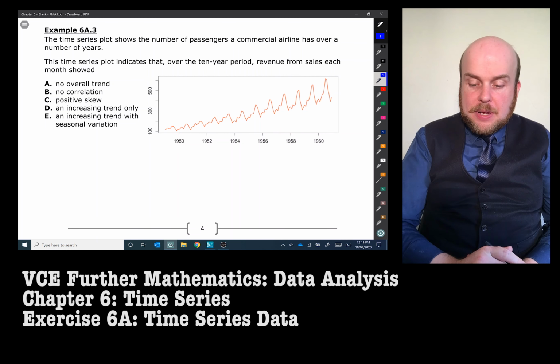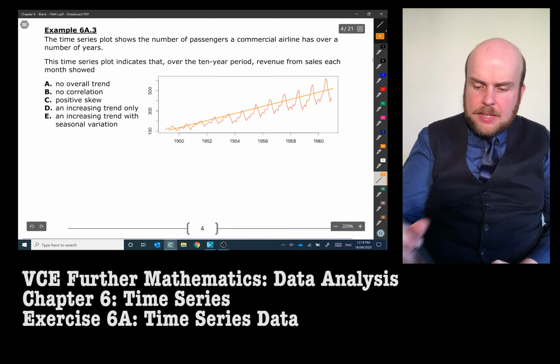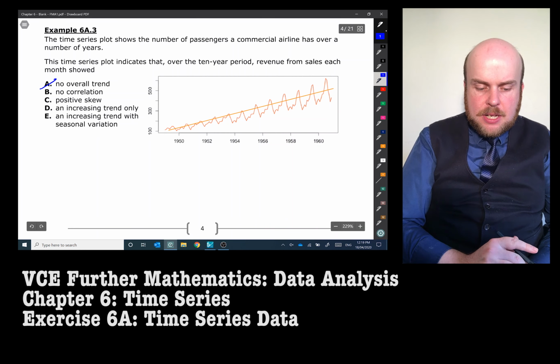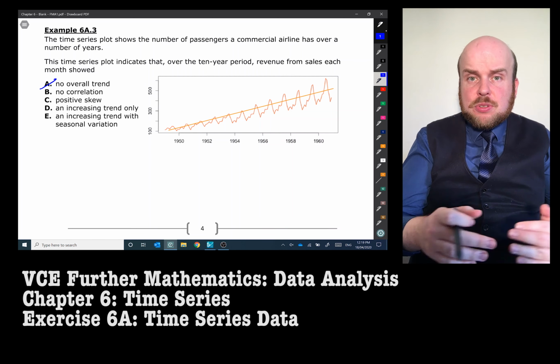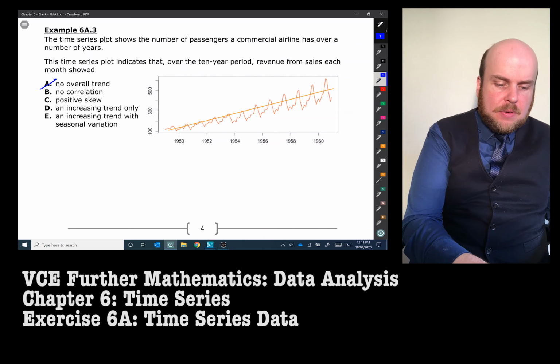Okay, so we can definitely see it's going up, which is fabulous. So we can get rid of no overall trend. No correlation? Well, there is definitely some sort of relationship we can see here. As soon as we've got a trend, that is another word for a correlation, so we can get rid of that.